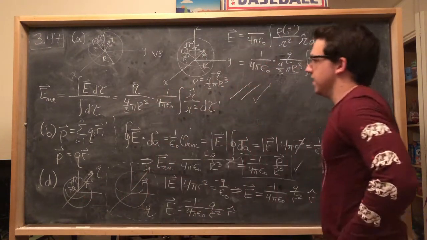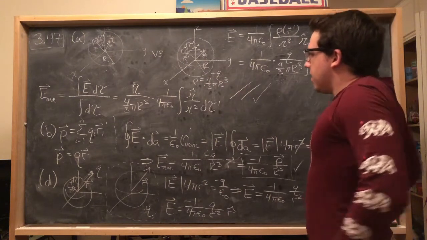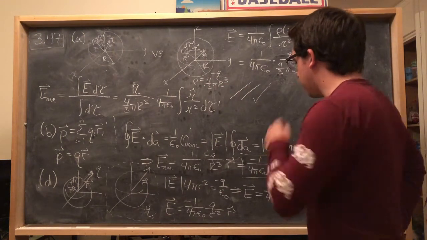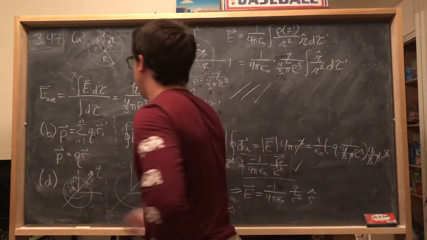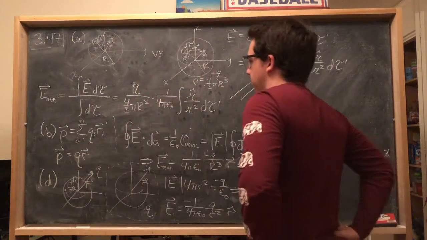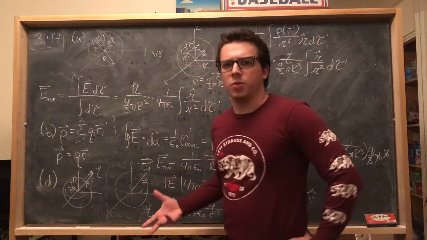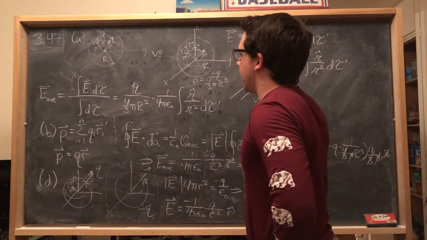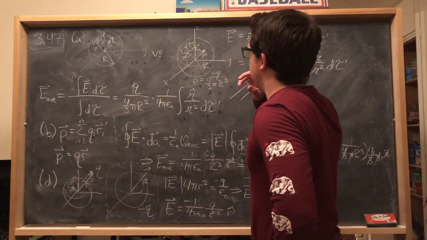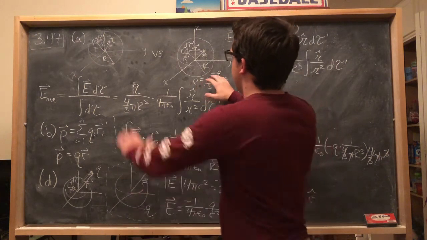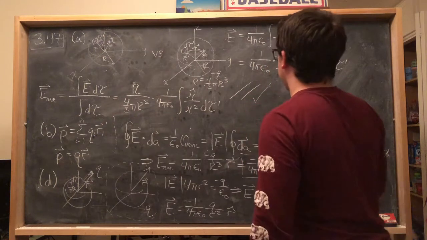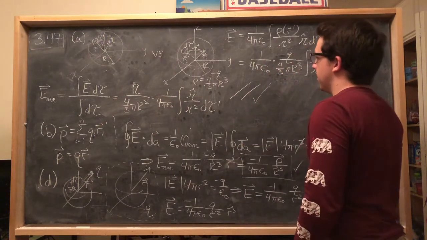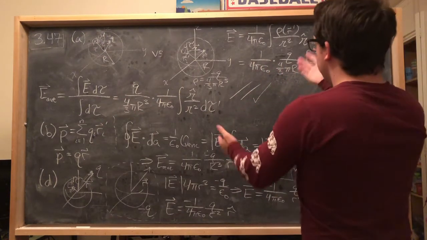So there we go. This is a good problem. It gives us a little bit of interaction with the dipole moment, but doesn't tell us too much about the nature of the dipole moment itself. However, it is a very clever way to show us mathematically that these two situations are the exact same. And you can see that directly.